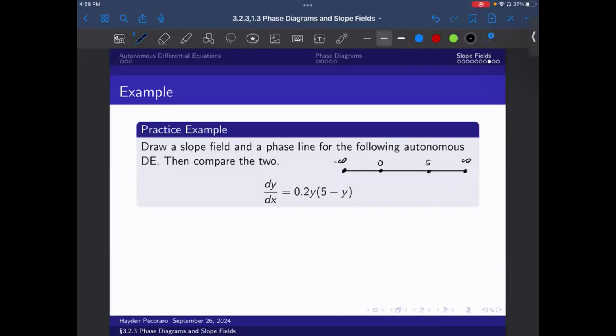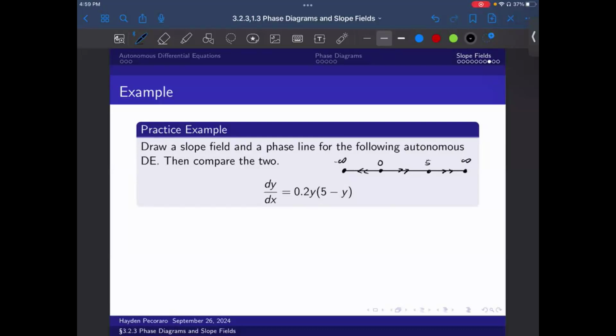And then in between there, we'll have, let's see, minus to the left and plus to the right. So we'll have positive slope here, positive slope here, I think, and then negative slope over here.